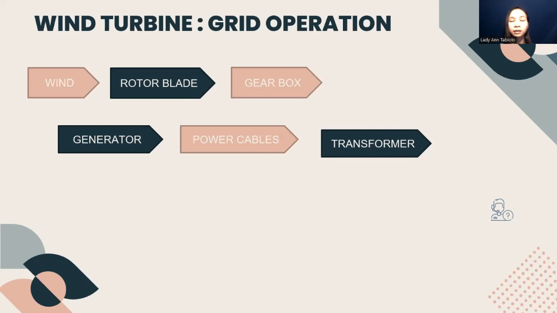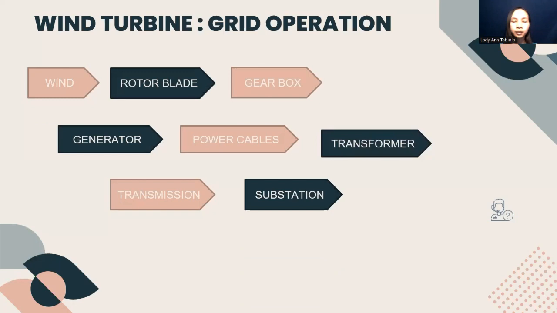Nangyayari ito kapag nagtatransmit ng larger amount ng current sa pagde-deliver sa malayong lugar. Kasama nito yung transformer ay yung transmission line cables para makapag-deliver ng larger amount ng electricity sa community. And then from here, pupunta naman siya sa substation.